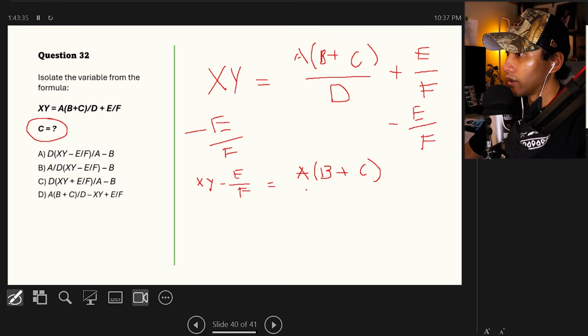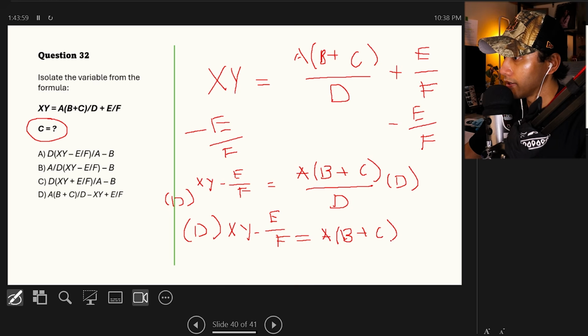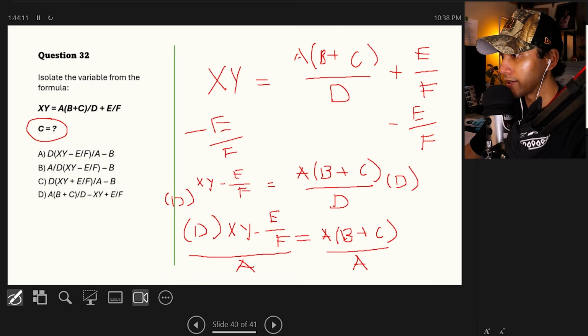Plus C over D. What we would do next is multiply by D on both sides. And then now we have D, X, Y minus E over F equals A, B plus C. Then we could divide by A. And then the next thing we would do, because I ran out of space, is we would have B plus C, because these things crossed out.